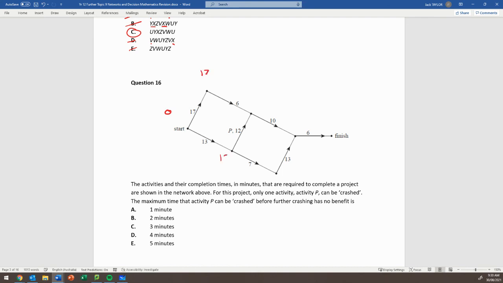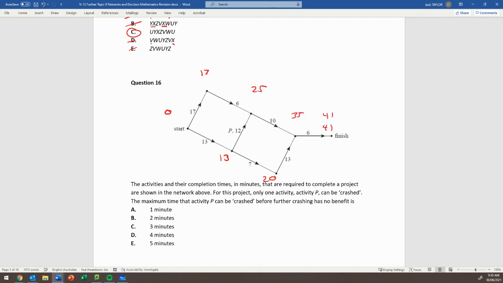17, 13, this will be 25. This will be down here 20, 33, 35 and 41.